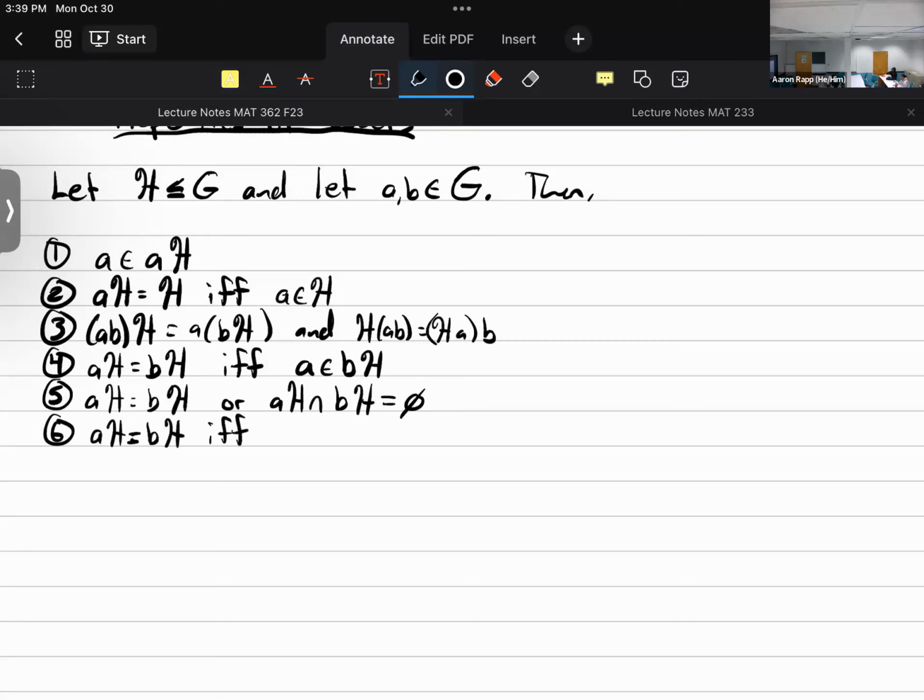The left coset generated by A and left coset generated by B, or containing A and containing B, are equal if and only if the inverse of A times the element B is in the subgroup H.